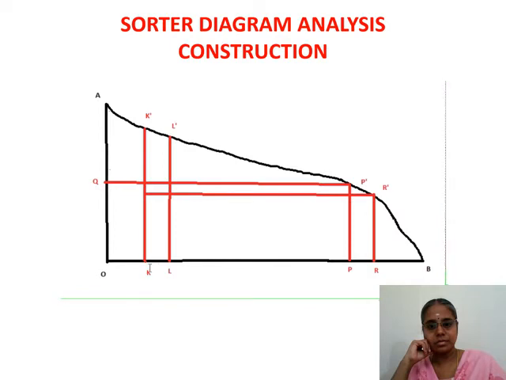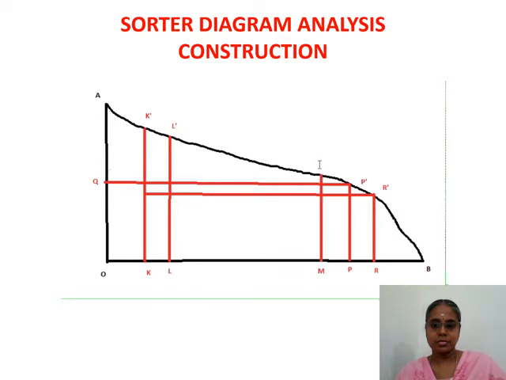Now similarly for OR, take 3 by 4 OR. 1 by 4 OR was OL and 3 by 4 OR is OM. So it will come here almost. So OM, from M, draw a perpendicular M dash.